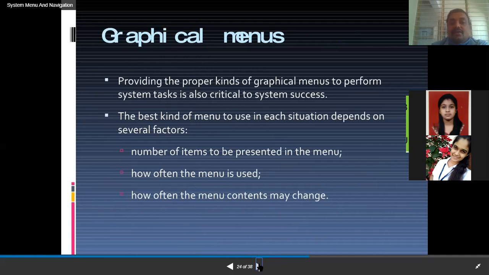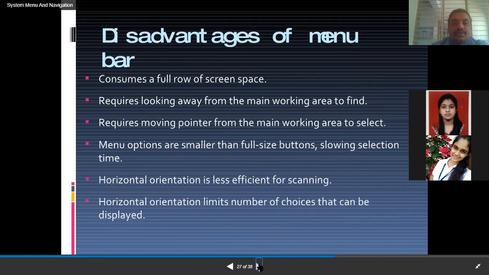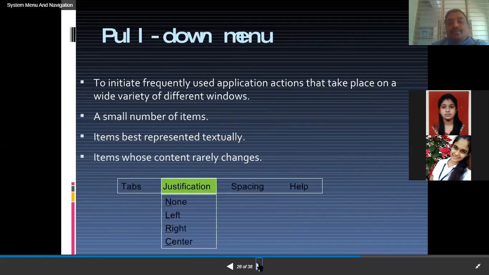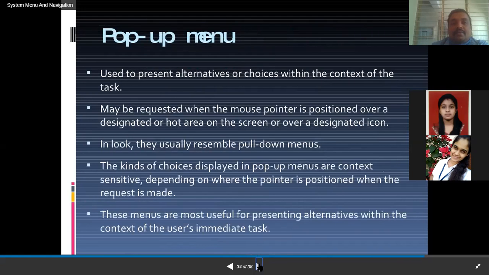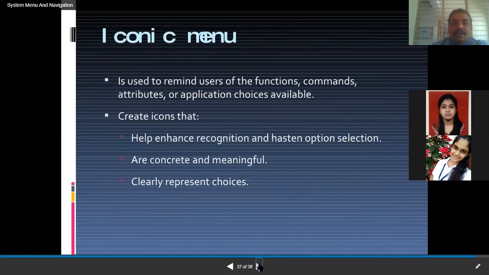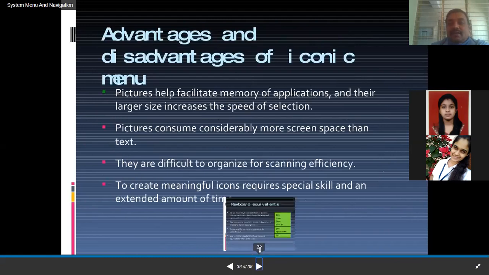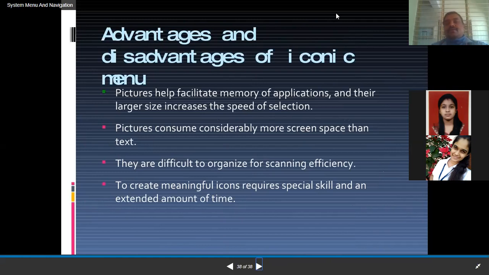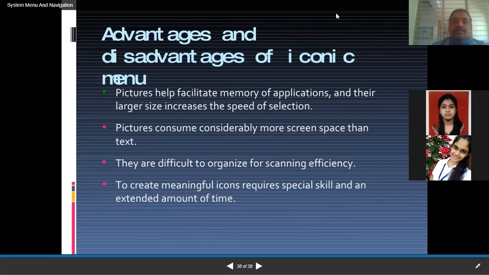We also went through graphical menus, menu bar, advantages and disadvantages of menu bar, pull-down menus, cascading menus, pop-up menus, and iconic menu. So this completes your third module. The third module only focuses on menus, structure, formatting, and all those things. So this is a summary.